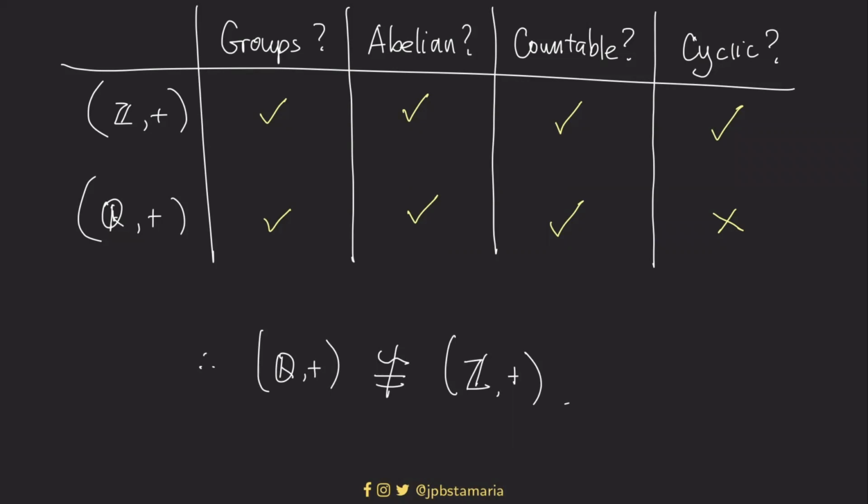Kaya as groups, one is not isomorphic to the other. Naintindihan niyo ba yung sinasabi ni Sir? Bakit hindi sila isomorphic? Kasi isa cyclic, isa ay hindi. Okay tayo? Can I proceed?